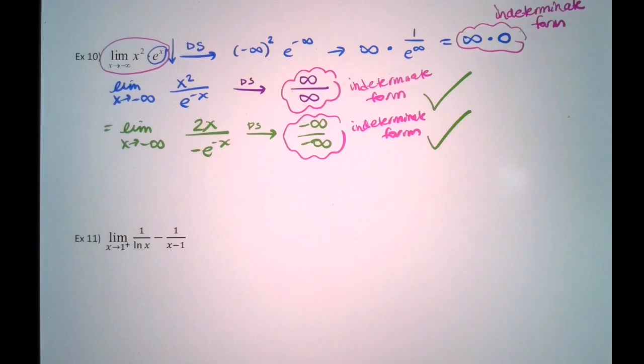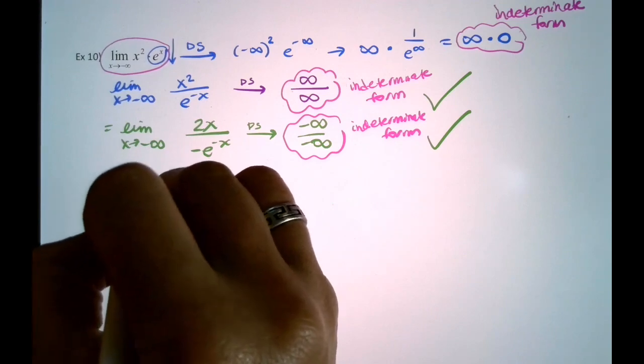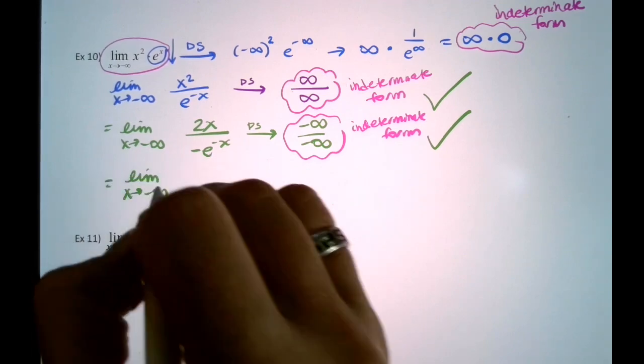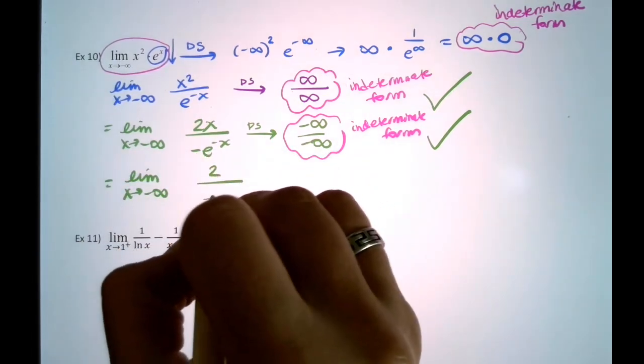You satisfied that. You're allowed to apply L'Hopital's rule as many times as you need to. So I'm going to apply it again. This is like our second iteration, if you want to use that term, of L'Hopital's rule. Keep going until you don't need it anymore.